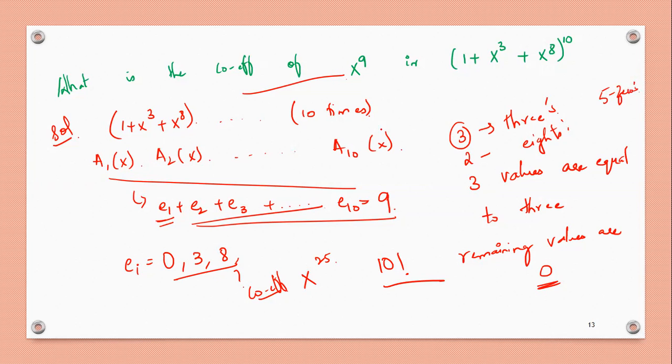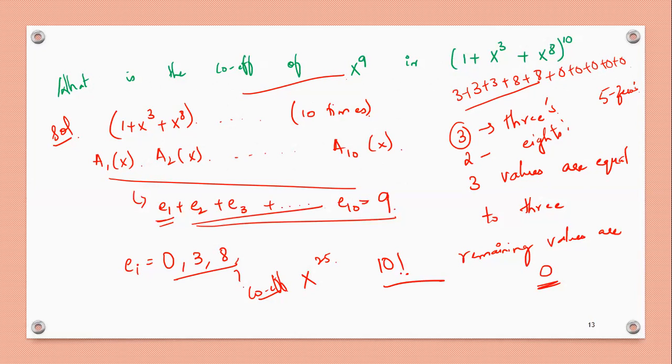Suppose E1, E2, E3 are 3, and E4 and E5 are 8. So 3 plus 3 plus 3 plus 8 plus 8 will give us 25. Now the rest of the values should all be 0. So this is our solution.